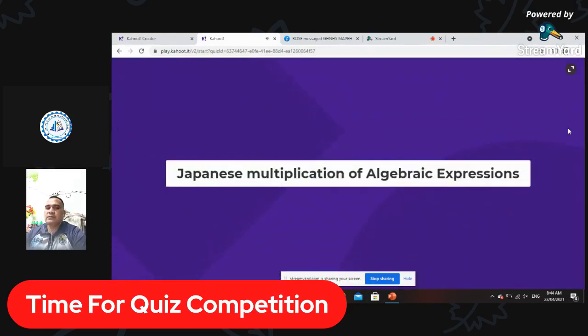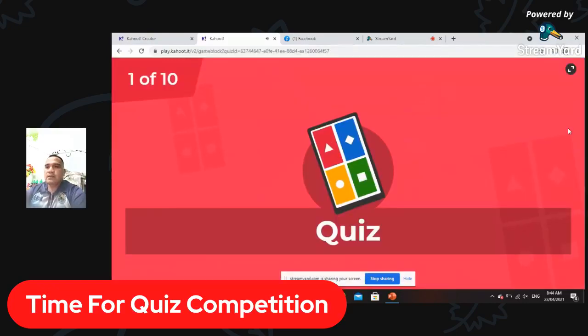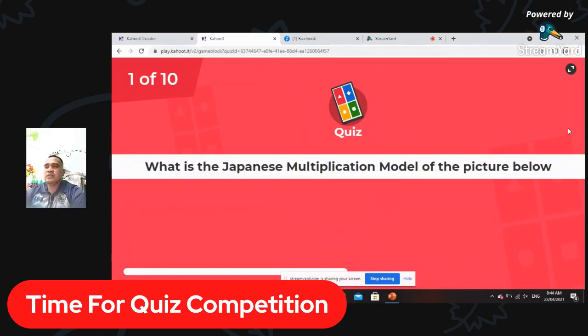The title of the game is Japanese Multiplication of Algebraic Expressions. Let's try. First, what is the Japanese multiplication model of the picture below?